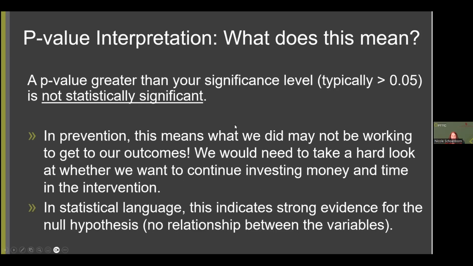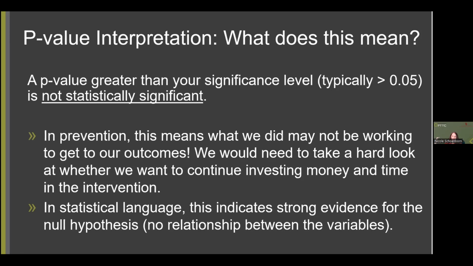And then when we don't have statistical significance, that means our probability level is greater than the significance level. So this would be not statistically significant. If we see something greater than the 0.05, then that is not usually statistically significant in terms of what most researchers go by.